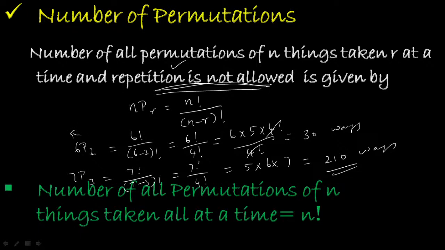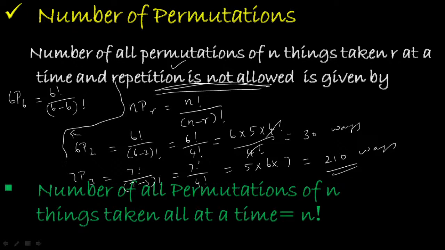So, instead of choosing 2 objects at a time, suppose I am going to choose all at a time, which means you have to choose 6 out of 6. How many different possibilities, that is, different permutations, are there? As usual, you just substitute in the formula: 6 factorial divided by 6 minus 6 factorial.